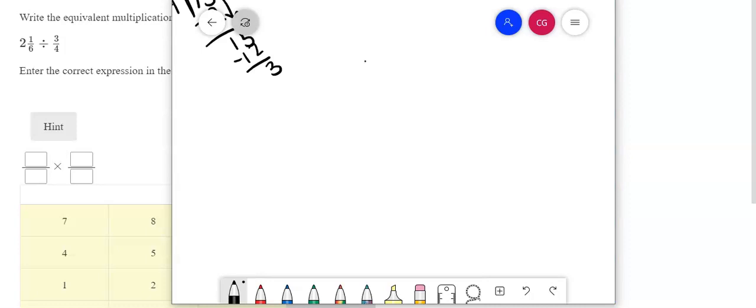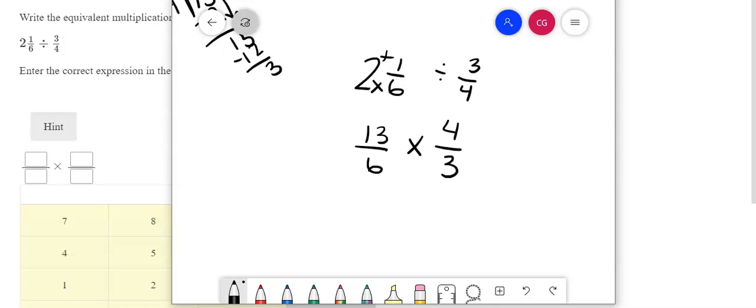So I have 2 and 1/6 divided by 3/4. 2 times 6 is 12 plus 1 is 13, so I get 13 over 6. Division changes to multiplication, I'm going to flip. So I get 13 over 6 times 4/3.